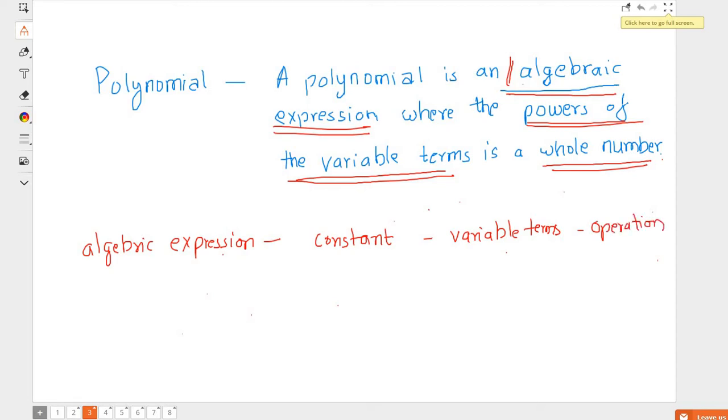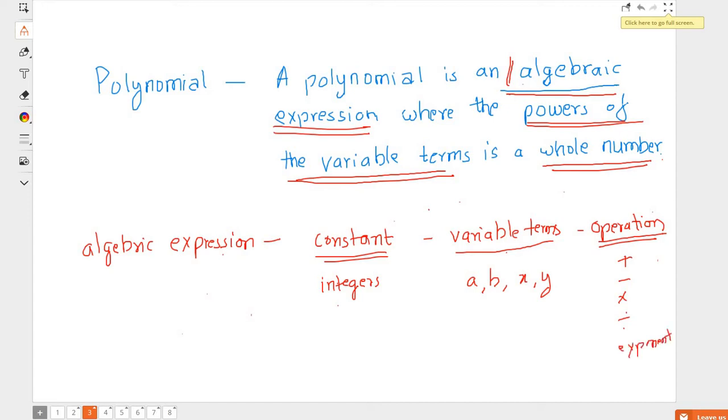Constant terms are only integers. The variable terms are variables like a, b, x, y, which can be substituted for any values. And the mathematical operations include addition, subtraction, multiplication, division, and the power operation, the exponent.